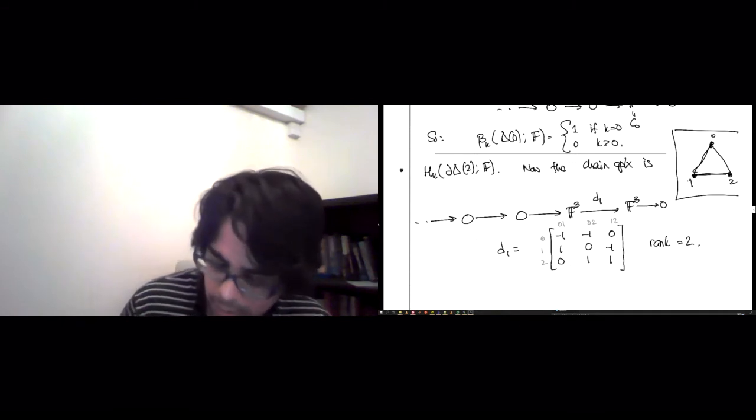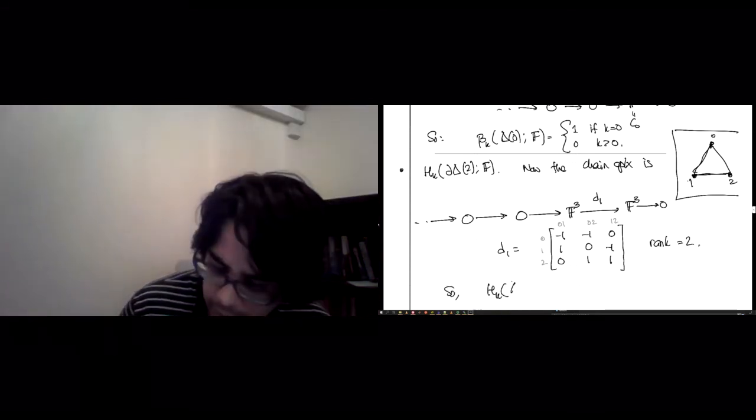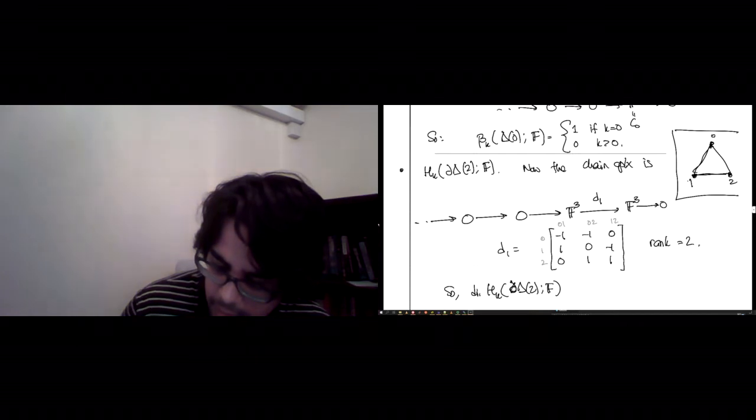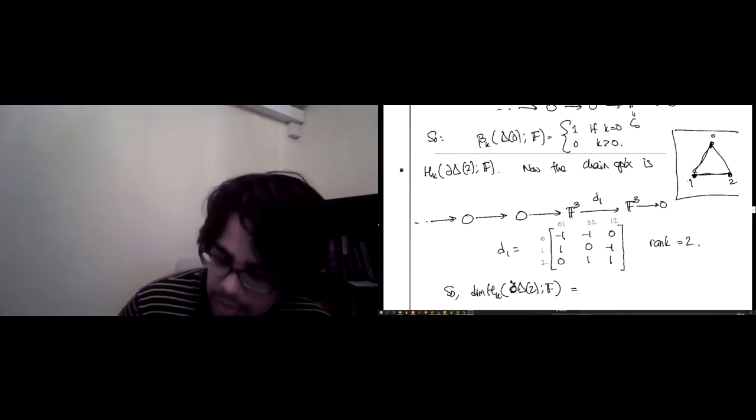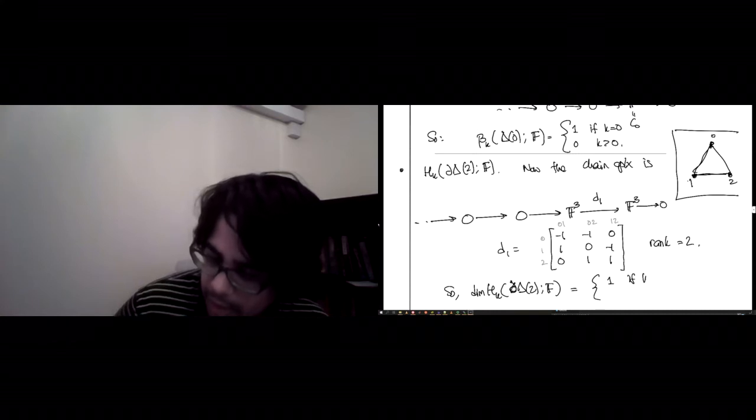And therefore, H_K of this hollow 2-simplex with coefficients in F has dimension, which is the Betti number, just going to be 1 if K equals 0 or 1 and 0 otherwise.